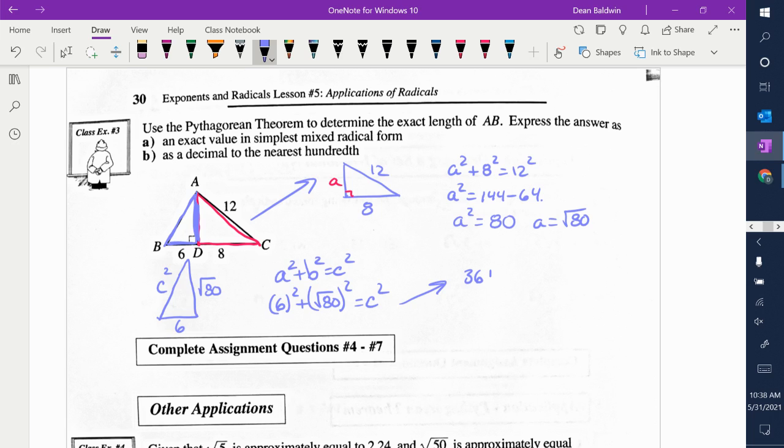So I get 36 plus 80 is equal to c squared. So c squared is equal to 116. What do I do? What's c equal to?